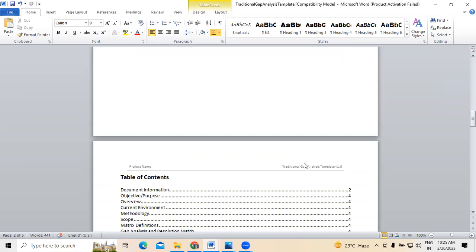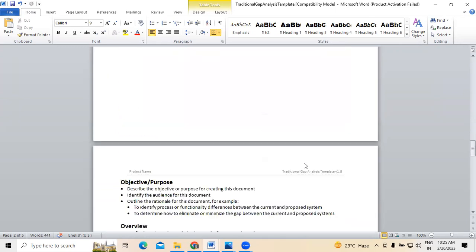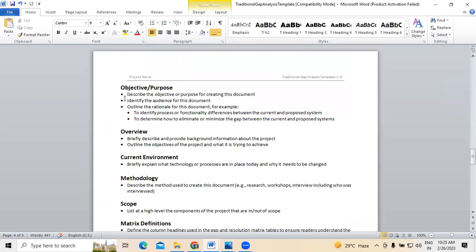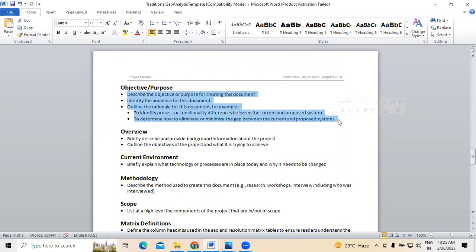After document approvals, here you need to mention the objectives and the purpose of developing this document. At the same time, we need to identify who is going to view this document. You also need to understand the kind of gaps, from current to proposed or current to future system, whatever it is.